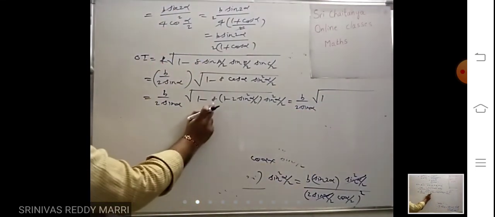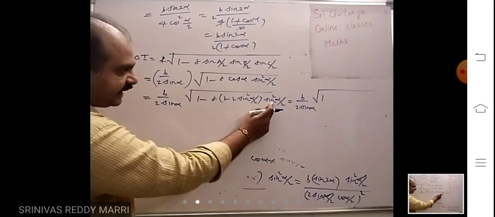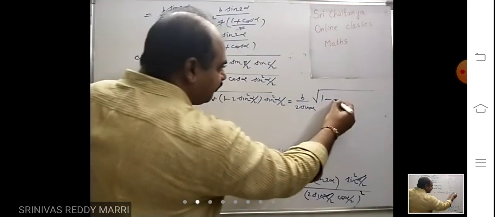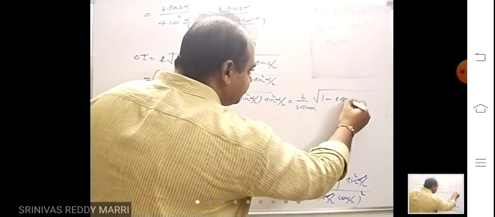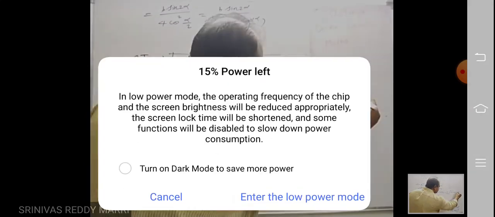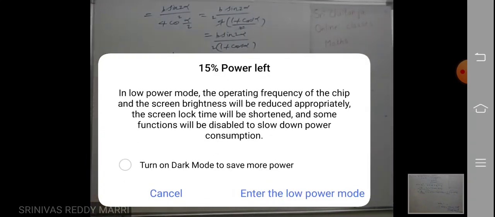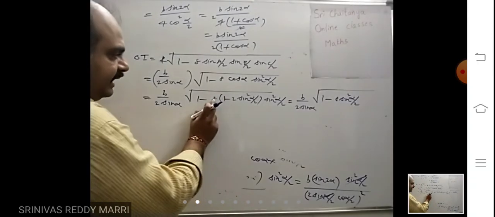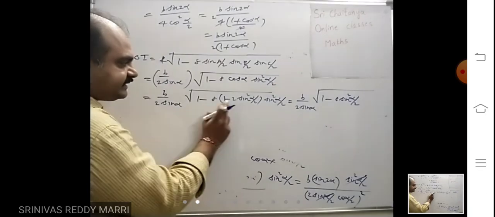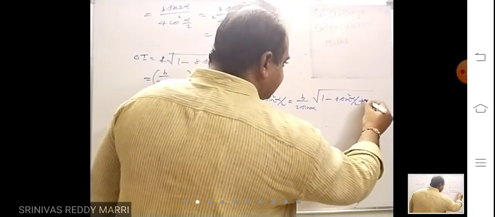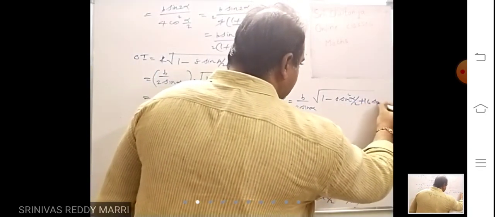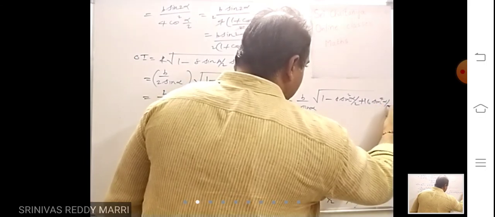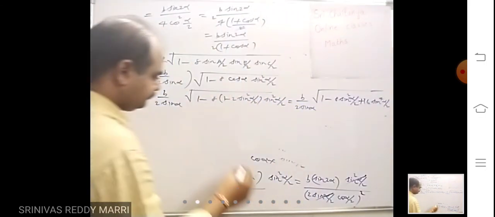So 1 minus 8 into 1 into sine square alpha by 2. 1 minus 8 sine square alpha by 2. This is the one. Right? So then 8 into 2 minus 8 into minus 2 plus 16.